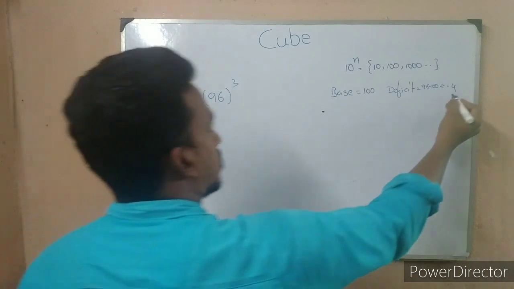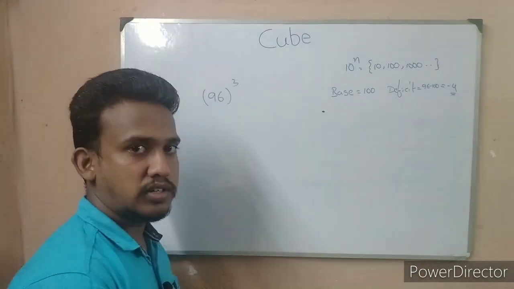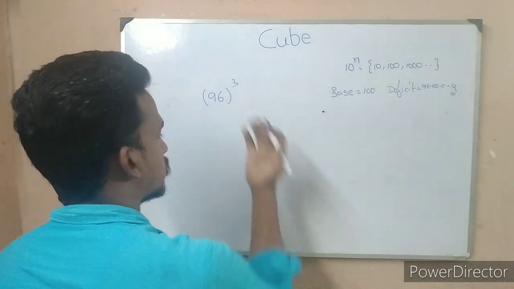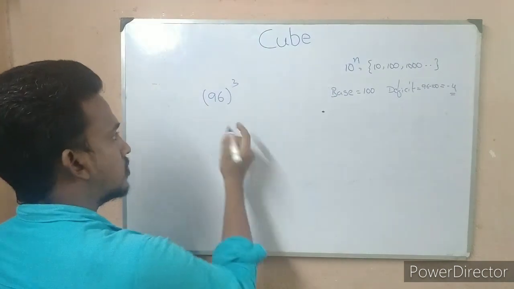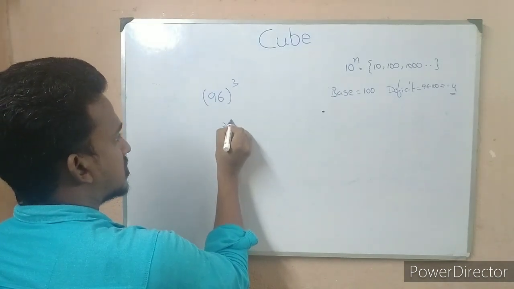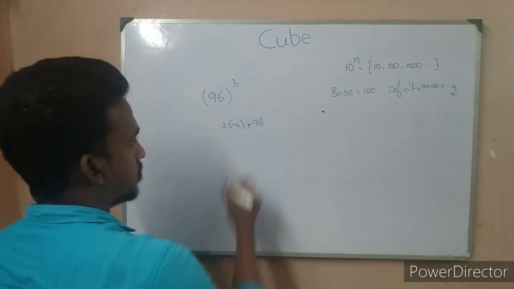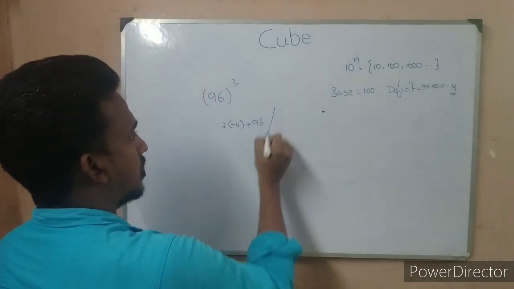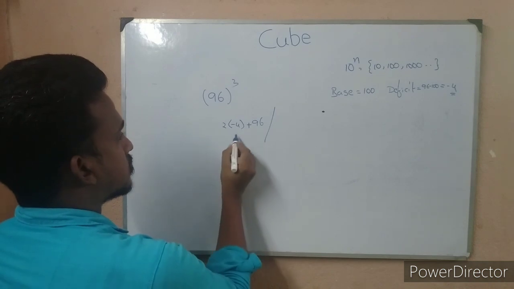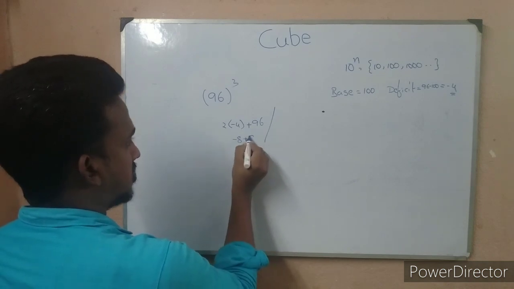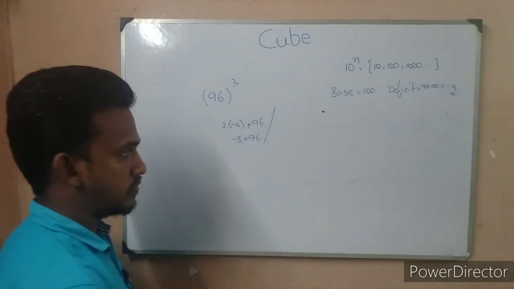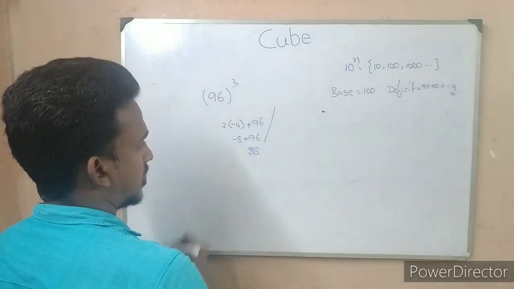With the help of this deficit, we are going to find the cube of this number. We multiply double this deficit and add it to the original number: minus 8 plus 96, which gives 88.